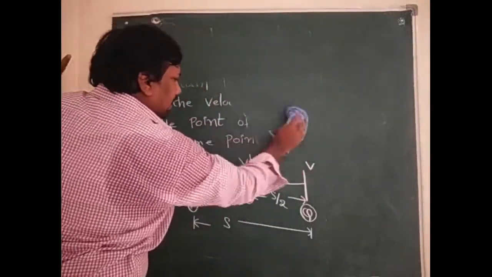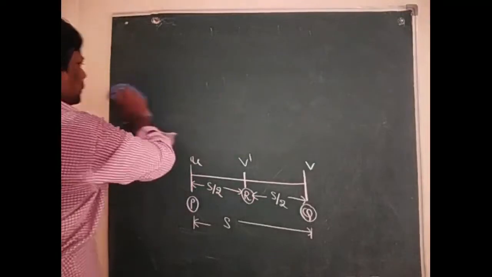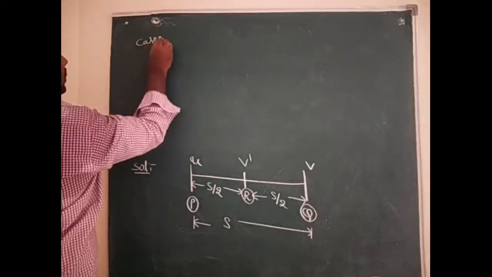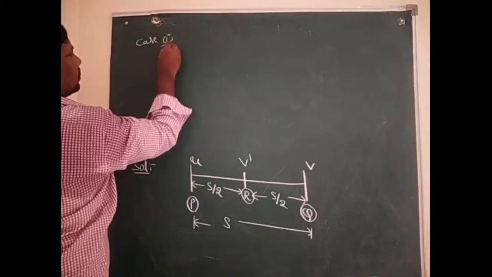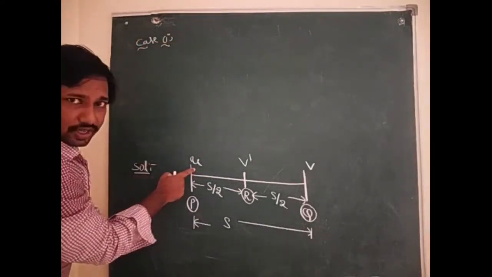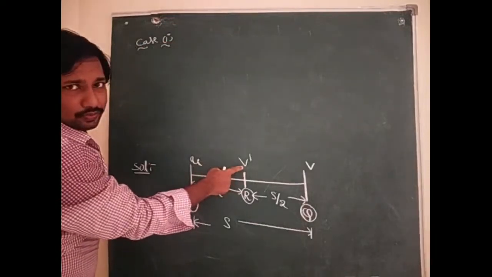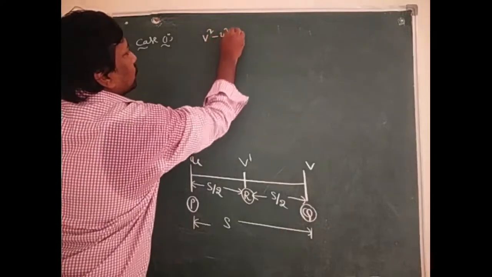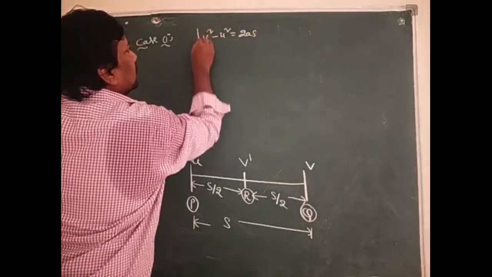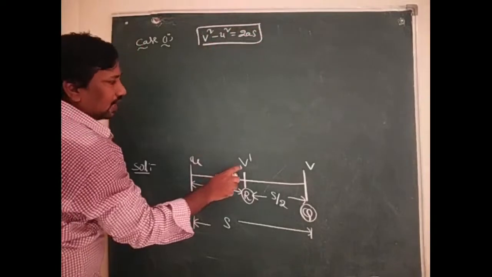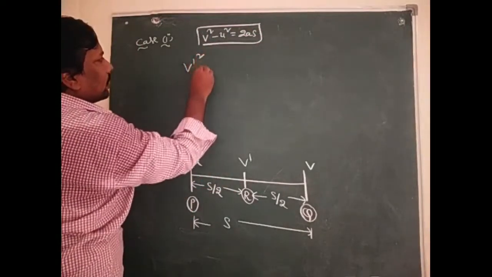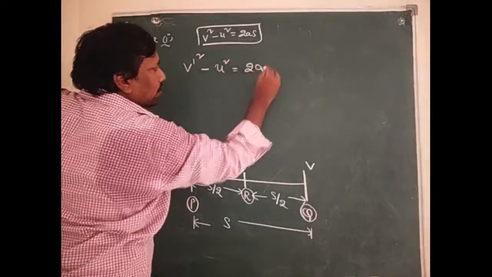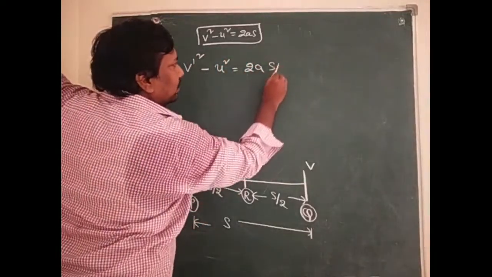Now in this type of problems, we can use the equation v square minus u square equal to 2as. This is case 1. In case 1, initial velocity is u, final velocity is v dash. Using the equation, v dash square minus u square equal to 2a into s by 2.